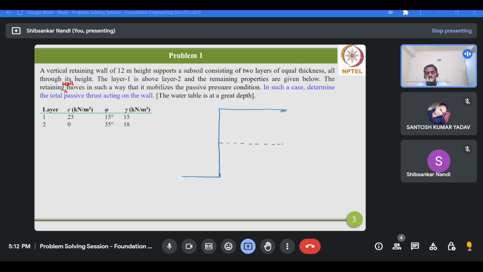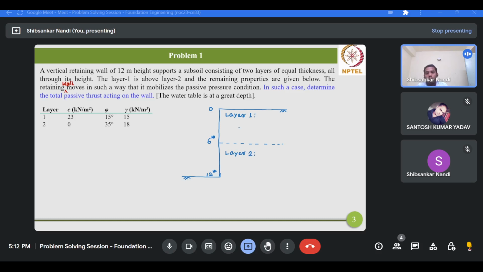So this is the backfill surface, this is the retaining wall, and it has a total height of 12 meter. This is layer 1 and this is layer 2.